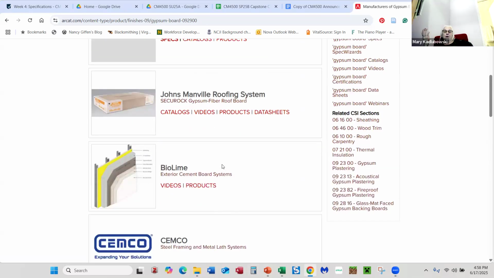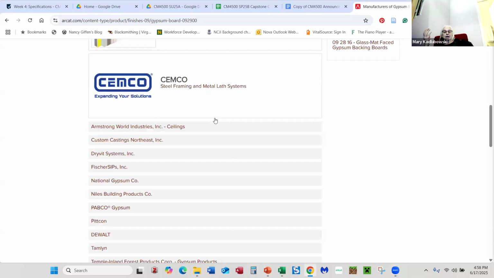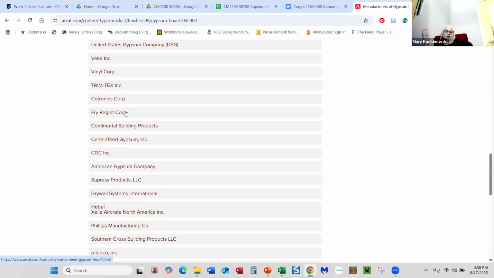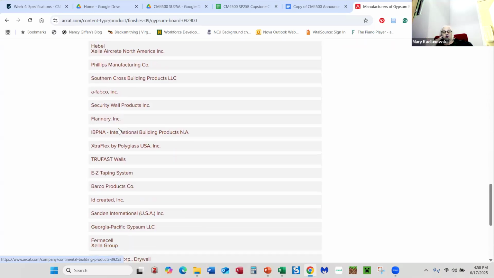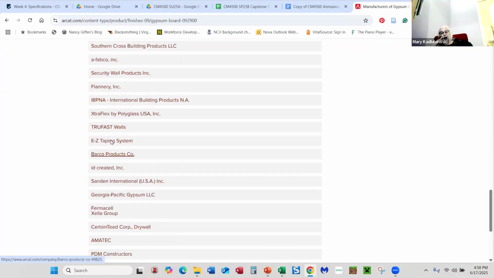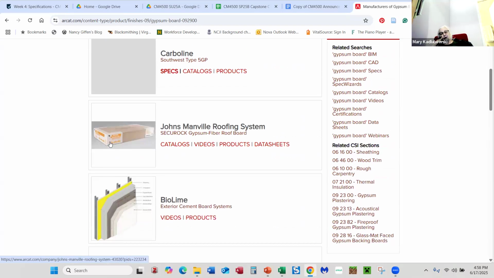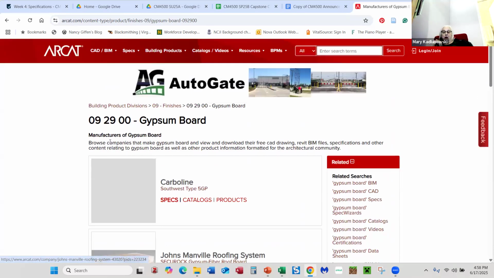If I look up drywall, here are all the different manufacturers for drywall and their products, and you can get the manufacturer specs off here, or you can build your own.